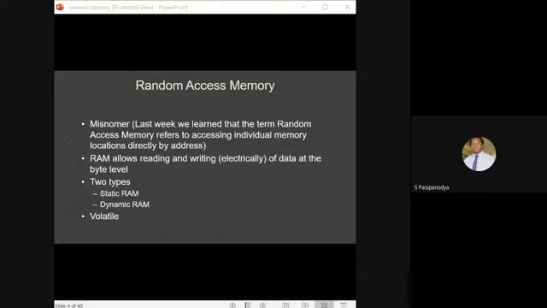Can someone recall what we said when we're talking about memory when it comes to the Turing machine? Anyone who recalls memory of the Turing machine?